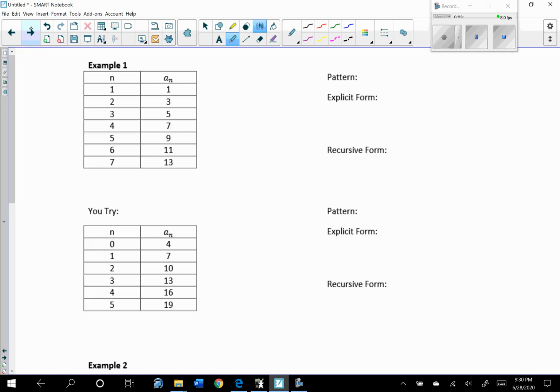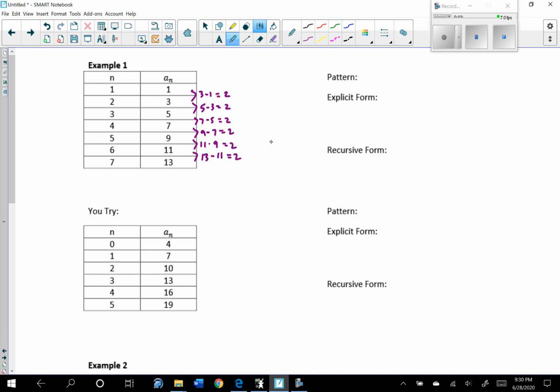Okay, so let's go ahead and look at some examples. For the first table, if we want to find the pattern, remember that we want to look at the difference between each of the terms. So if I subtract the terms, 3 minus 1, that's equal to 2. 5 minus 3 equals 2. 7 minus 5 equals 2, and so on. 9 minus 7, 11 minus 9, 13 minus 11.